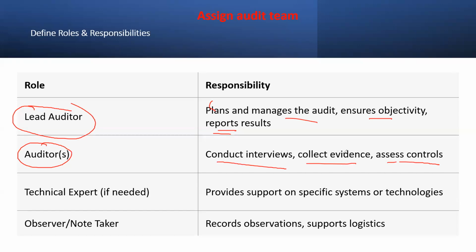As I mentioned, collect the evidence. How are you going to collect the evidence? By performing some activities. What are those activities? Conducting an interview with the management or with the employees, asking a few questions. Testing the controls: how is this done?